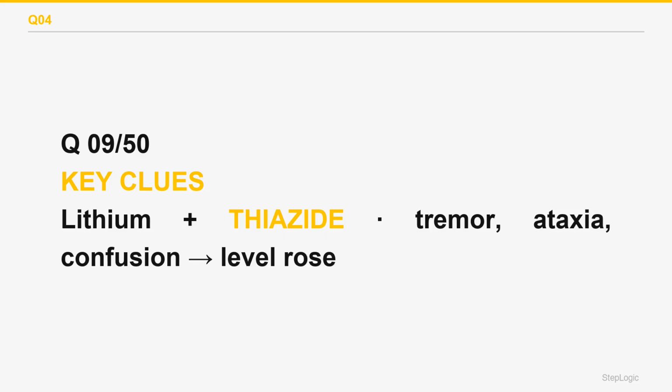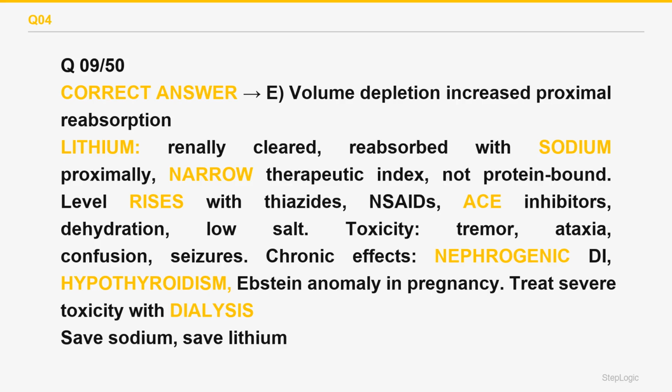Choices A and B invoke pathways lithium does not use. The correct answer is E. Because lithium is small and not protein bound, it is dialyzable, which is the treatment for severe toxicity, a property shared with methanol, ethylene glycol, and salicylate.